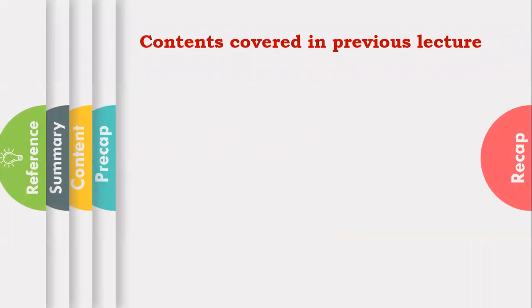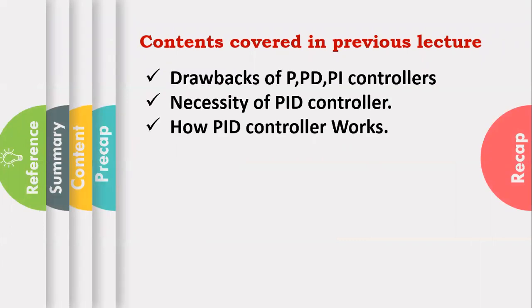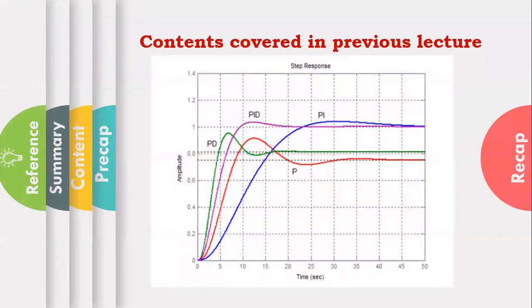So in the previous class, we discussed the drawbacks of P, PD and PI controllers, the necessity of designing a PID controller, and how the PID controller actually works. So we discussed this graph. From this graph, you can see that whenever we have only a P controller for a unit step input, an offset error will be present.